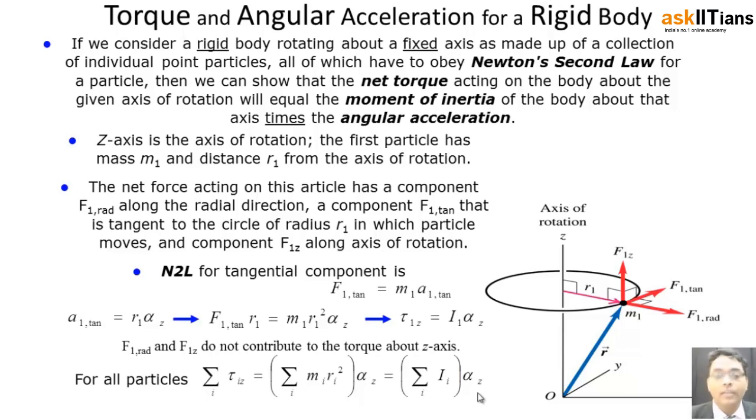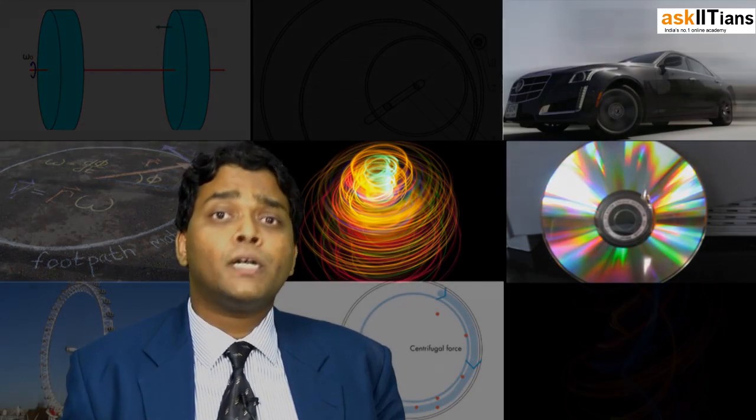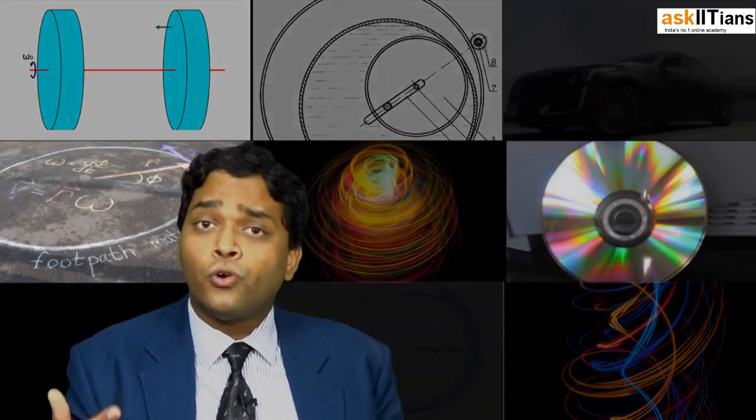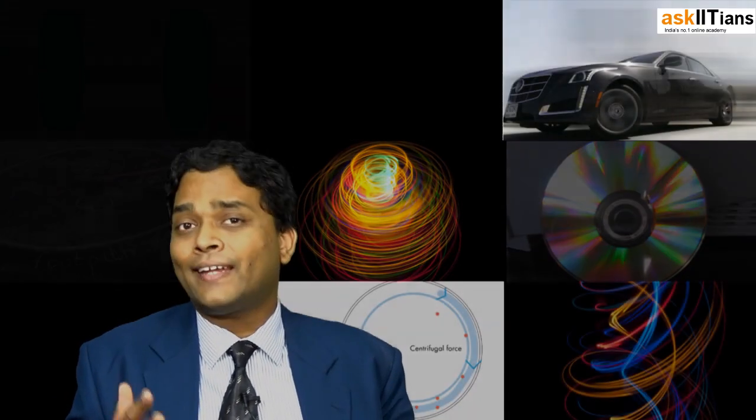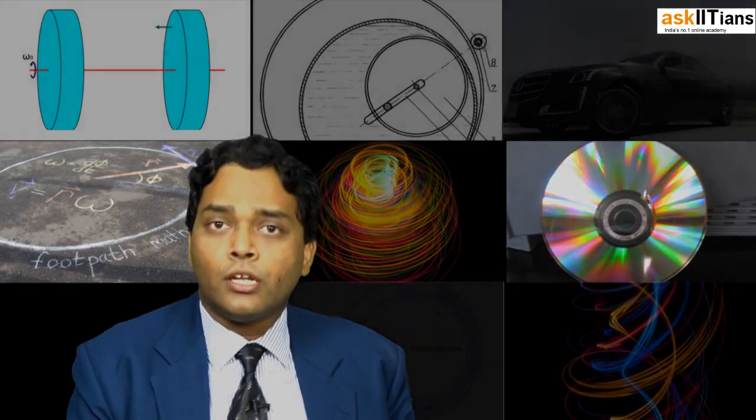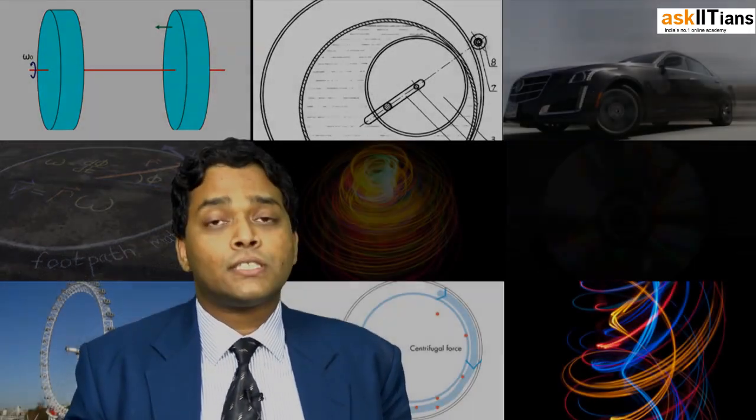The next topic will introduce further the rotational laws that hold good when the object is moving in a circular path. As we saw, to define torque, we need the force and the radial direction, because the torque is perpendicular to both the radial direction as well as the force. The force should be acting along a tangential direction. When a particle is moving in a circular path, as we saw, there are two forces acting.